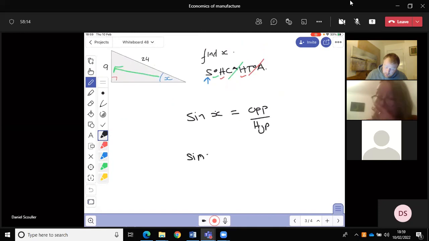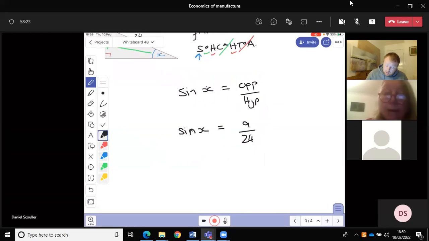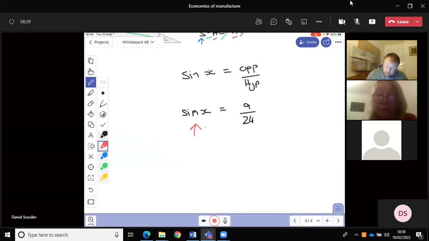Sine x equals opposite, which is 9 over 24. And this is the bit that might be tricky. Sine x is actually sine multiplying x.